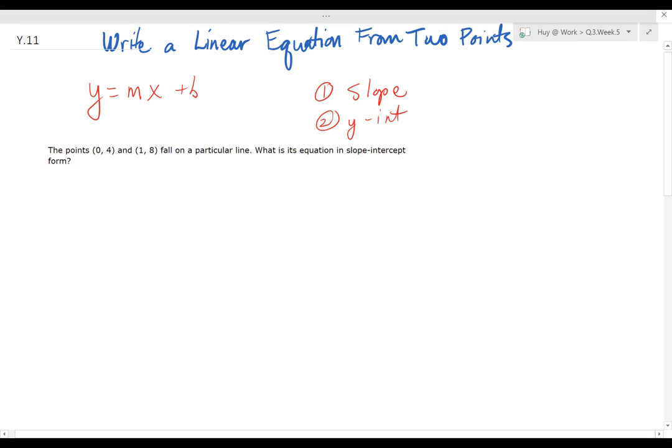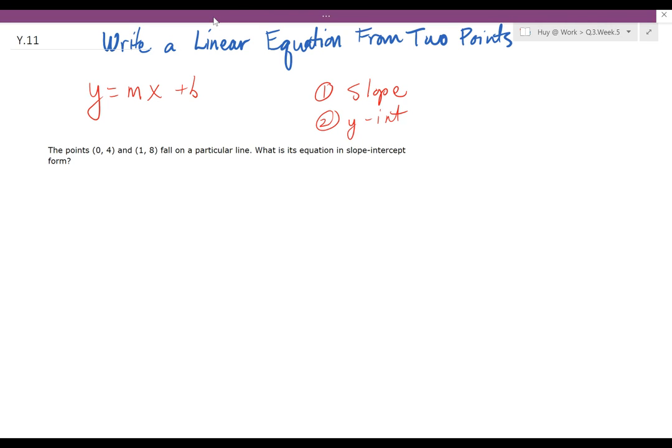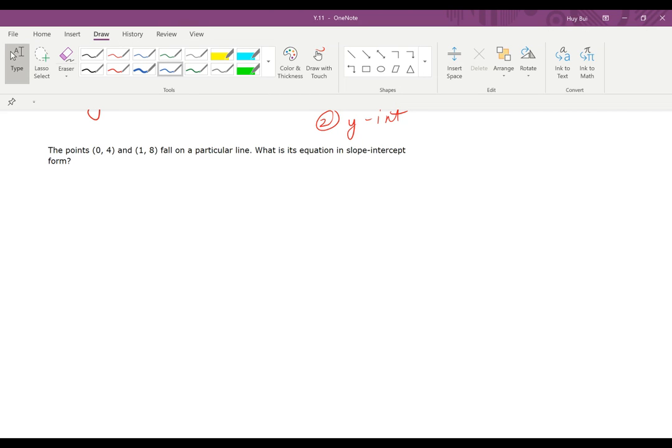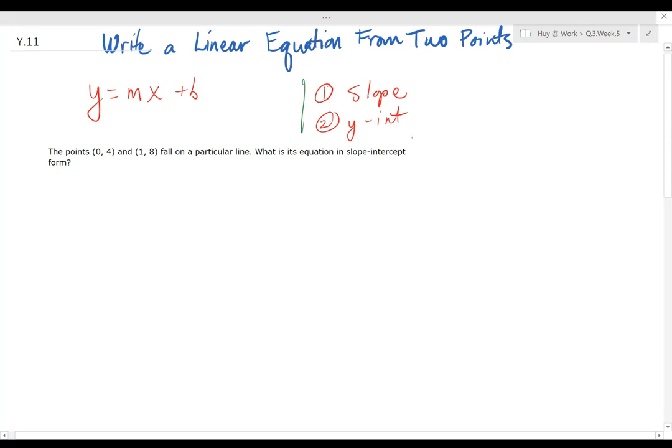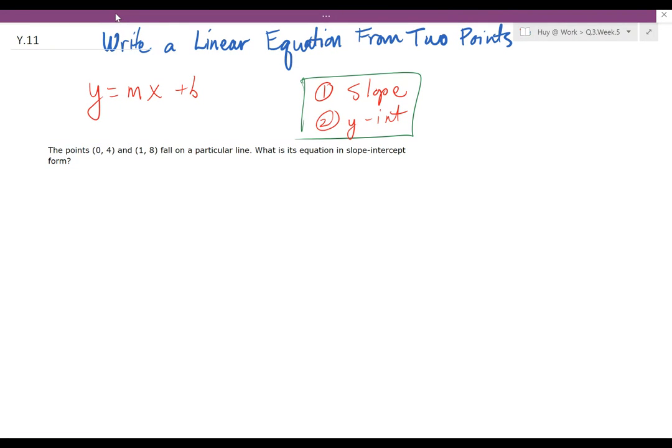The last assignment gave us a slope, and then we had to solve for the y-intercept. This time, we are going to practice finding both, because we need both of these items.